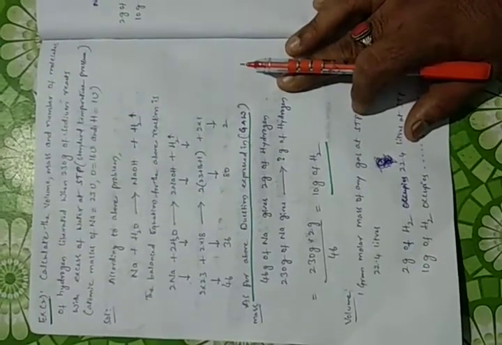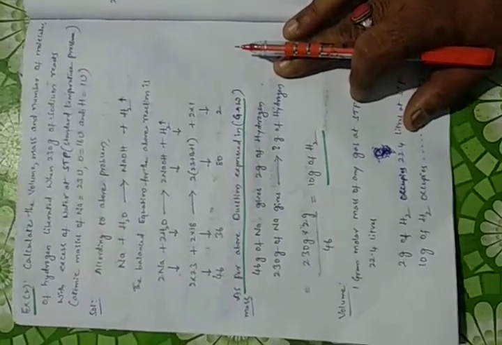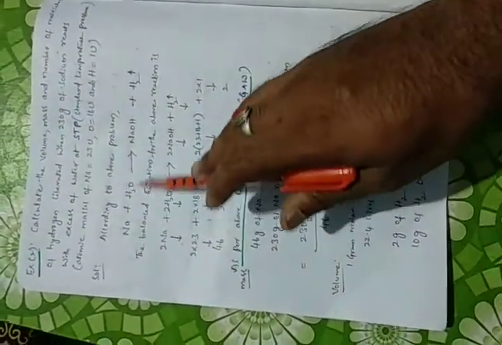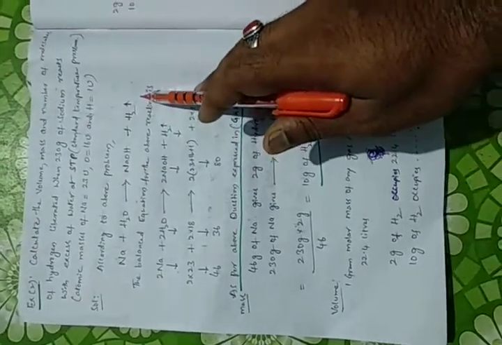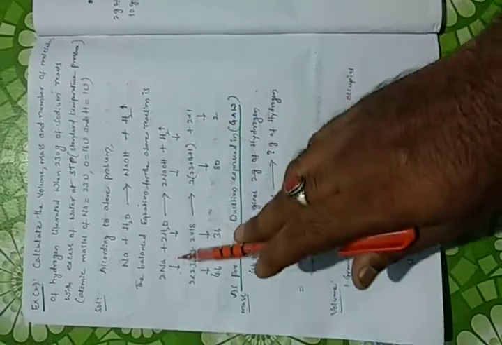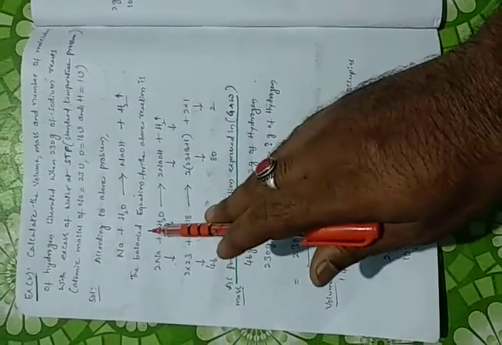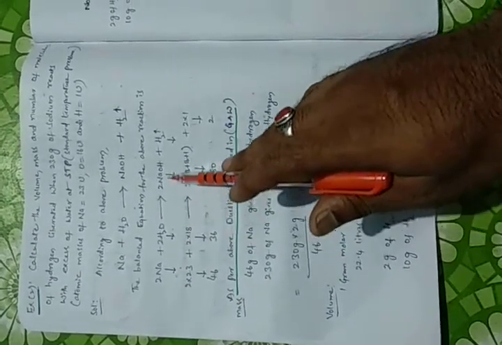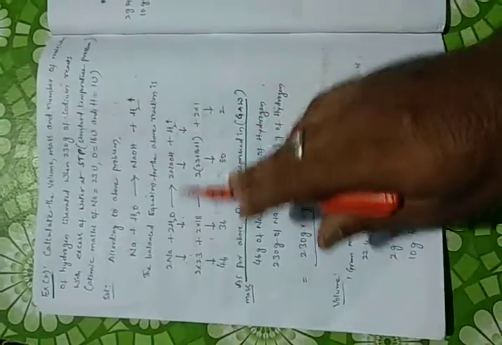Atomic mass of sodium 23 U, oxygen 16 U and hydrogen 1 U. According to the above problem, sodium reacts with water, gives rise to sodium hydroxide plus hydrogen gas. The balanced chemical equation for the above reaction is, because the above equation is not balanced, we should balance it: 2 sodium plus 2 H2O gives rise to 2 sodium hydroxide plus hydrogen gas. So now both sides are balanced.